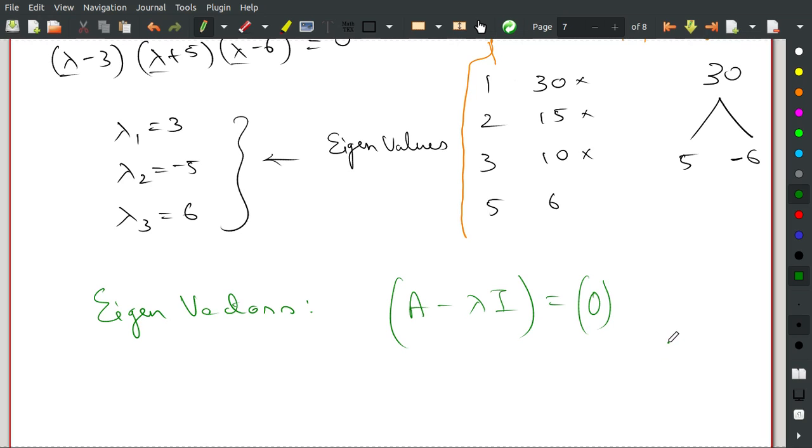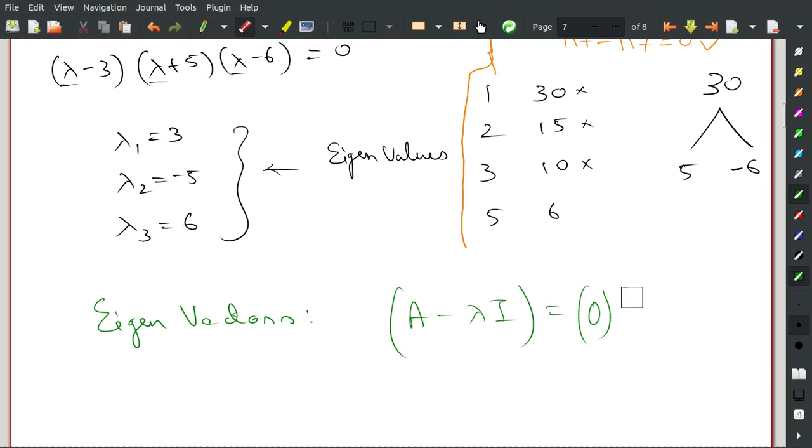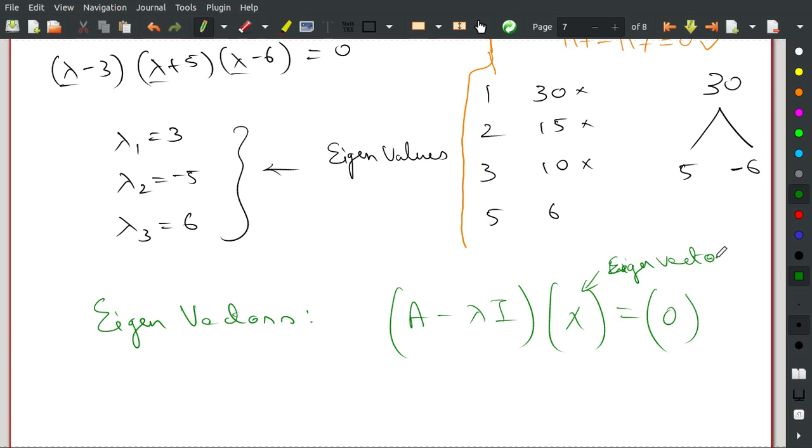And we try to solve for the vector. We substitute the eigenvalue in this equation and find the x. So this x is the eigenvector. Okay, so this is the eigenvector.